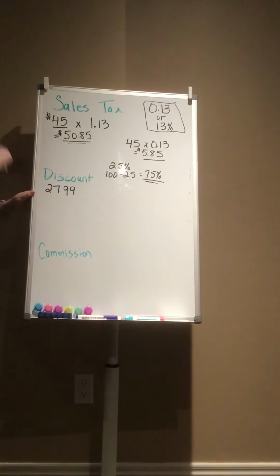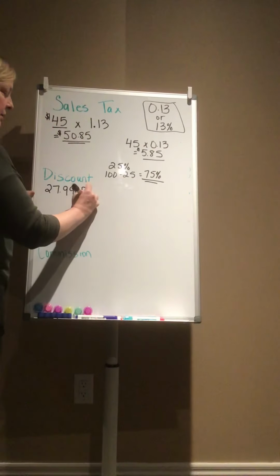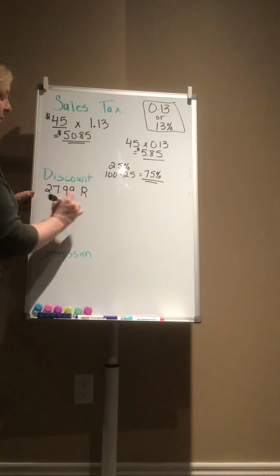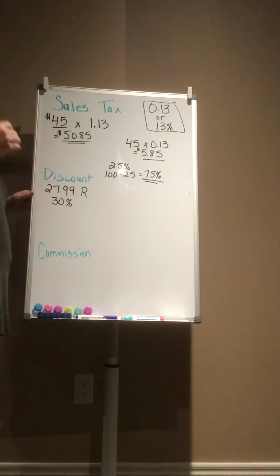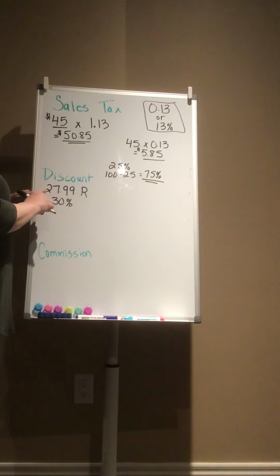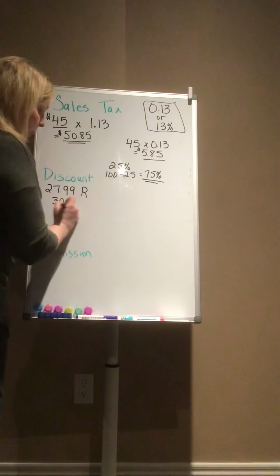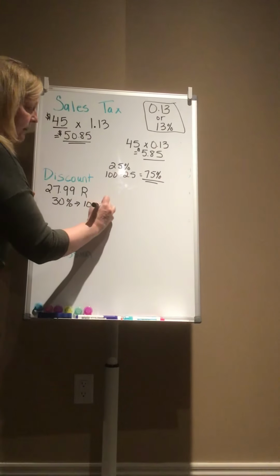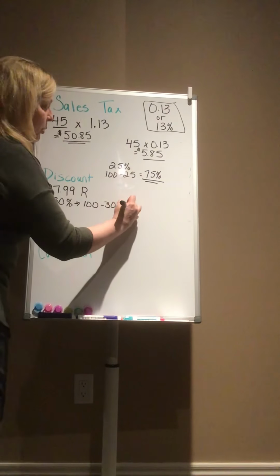So back to that video game question. It is $27.99 regular price, and now it's 30% off. You could go through the process of multiplying the regular price by the discount and then subtracting. Or we know that 30%, 100 minus 30 equals 70%.